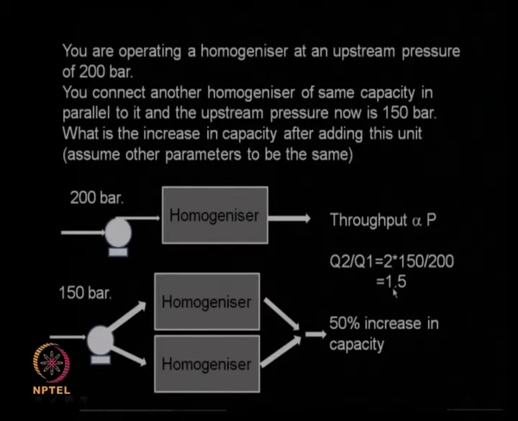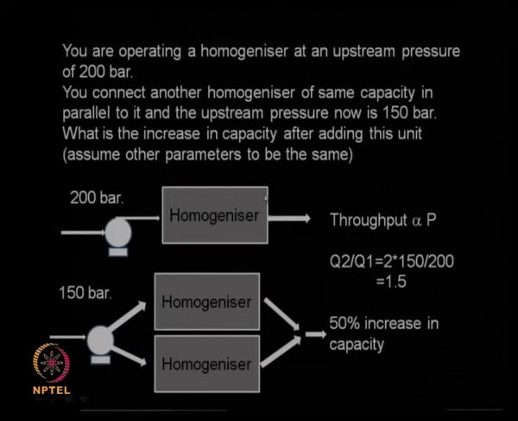So what is happening? The throughput increases by only 50%. It is not actually increasing twice, although I have put in the same homogenizer in parallel, because the pressure has gone down from 200 to 150 bar, I am getting only a 50% increase in capacity.